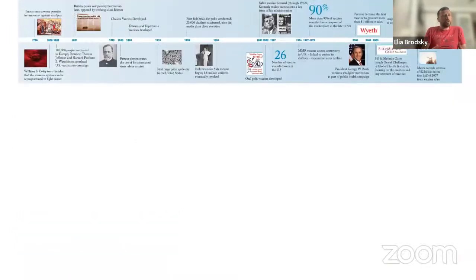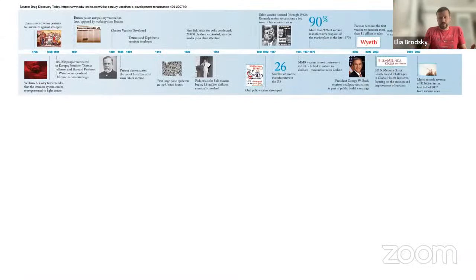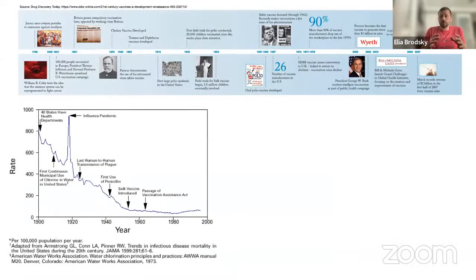So when we look at the history of infectious diseases and the methods to control such outbreaks, you will be surprised to find that vaccines, which we talk so much about today, are not the only ones responsible for the reduced load of infectious diseases on the population.